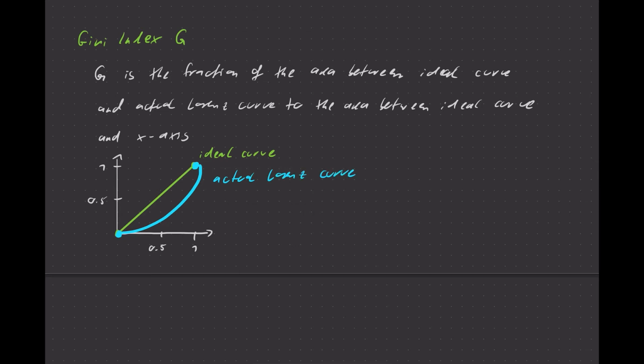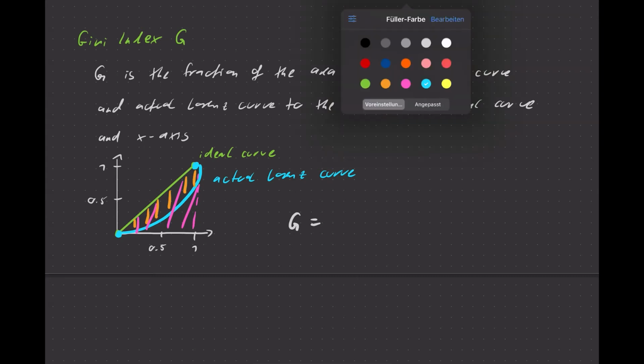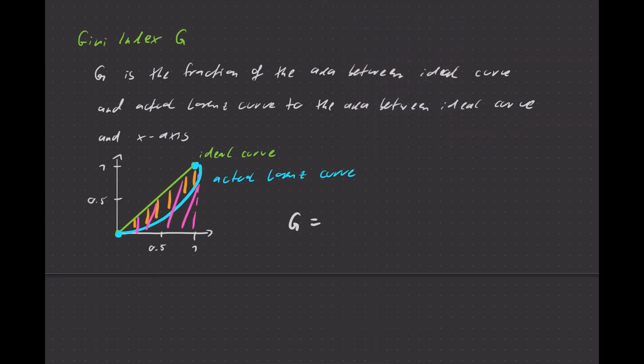Then the Gini index measures the size of this area here relative to that area. So G is defined as the orange area divided by the pink area.